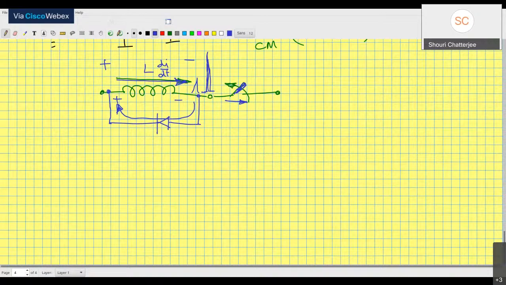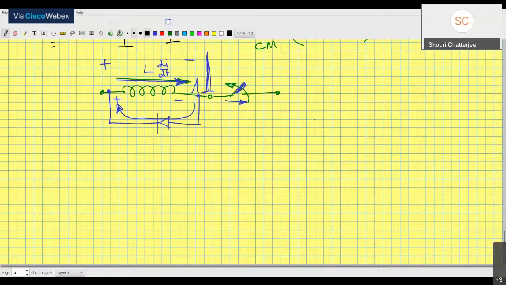The band gap reference is not really part of this course, but nevertheless, let me try to explain. No, the question is different. The question is, please explain curve fitting in band gap reference.